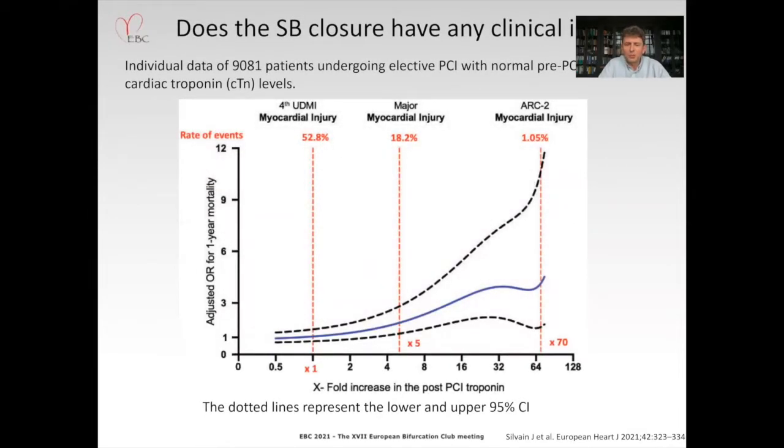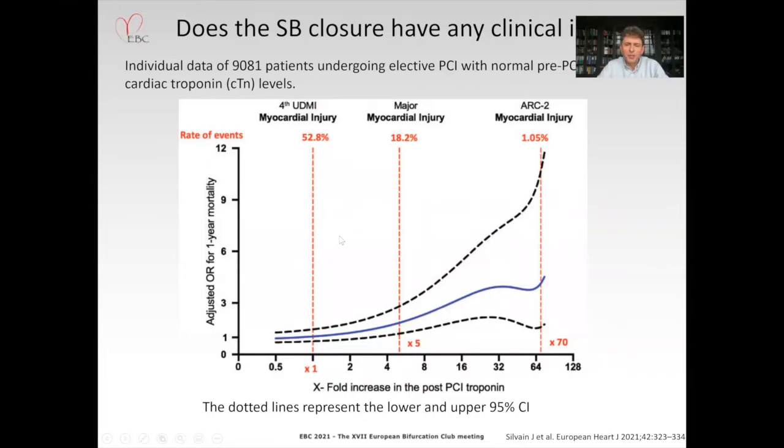So the first thing we know is that if you lose a sizable side branch, it will translate into clinical outcomes. These are data from 9,000 patients undergoing elective PCI with normal pre-PCI troponin levels.